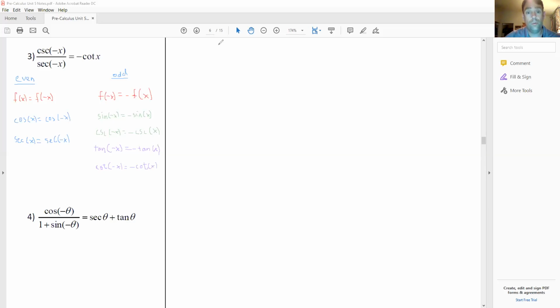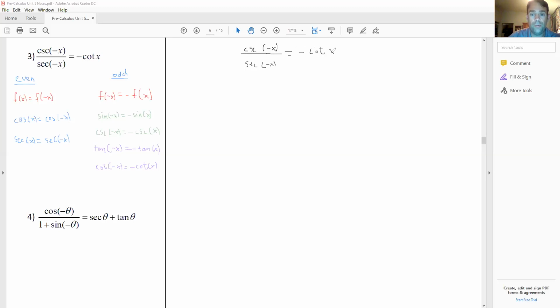All right. So what we're looking at here is we're just going to take our even and odd functions now and use them as well to simplify some proofs. So here we go. Let's write this one out here. Cosecant of negative x, secant of negative x equals negative cotangent of x.